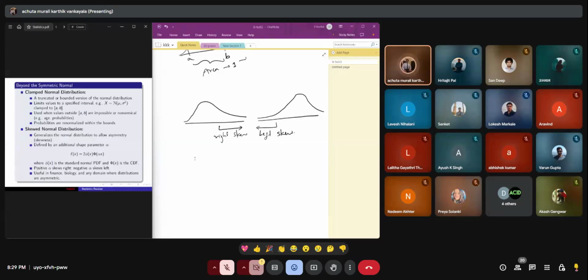You will have a right skew distribution when you're dealing with salaries, and also with marks in a very competitive exam. A lot of people will be scoring at one level, but as you go higher, the number of students or candidates having very high values will be very small. Those kinds of things will follow this right skewed distribution.